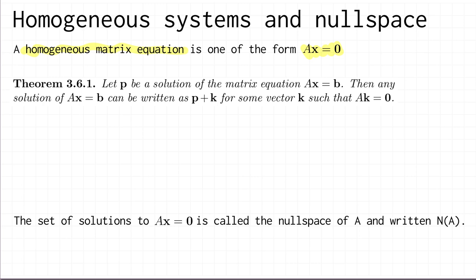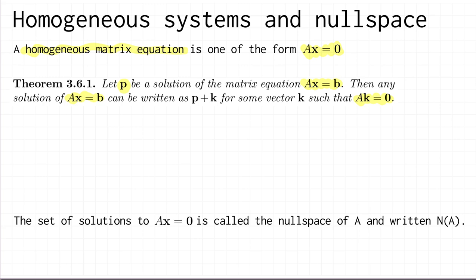And the reason to study these is because you can express the solutions of any matrix equation, so not just a homogeneous one, in terms of the solutions to the corresponding homogeneous problem in the following sense. Let's say you've somehow found just one solution, we'll call it P, to a matrix equation AX equals B. Then every other solution of AX equals B can be written as P plus a solution to the homogeneous equation AX equals 0.